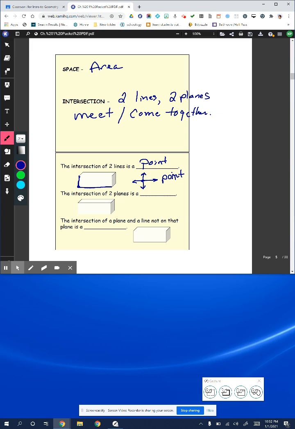All right, the intersection of 2 planes. For 2 planes, I would think about, let's say, 2 walls coming together in the classroom. So if I look at 2 walls, and then I see another wall coming out from that, if I look in that corner right here, where they intersect, it makes a line.